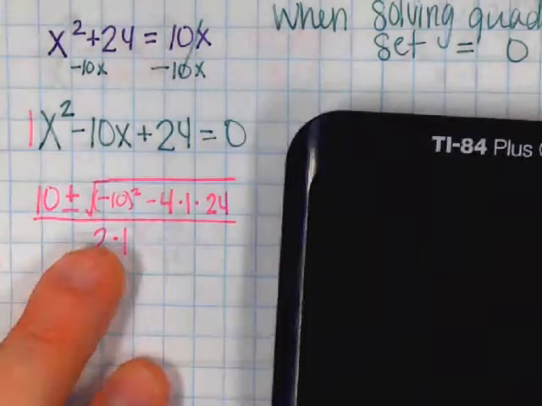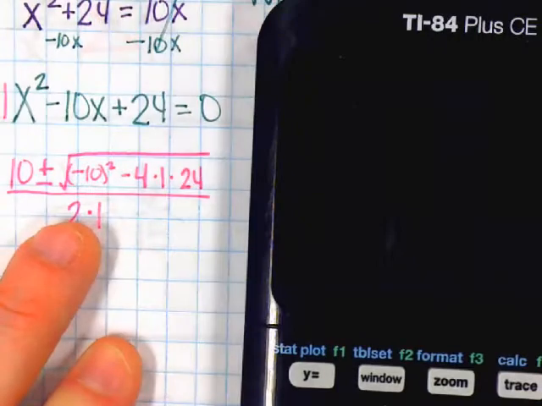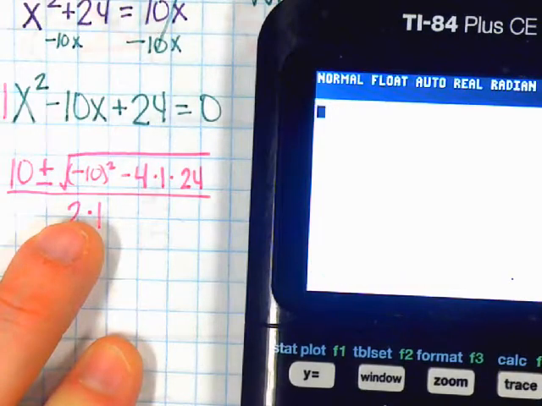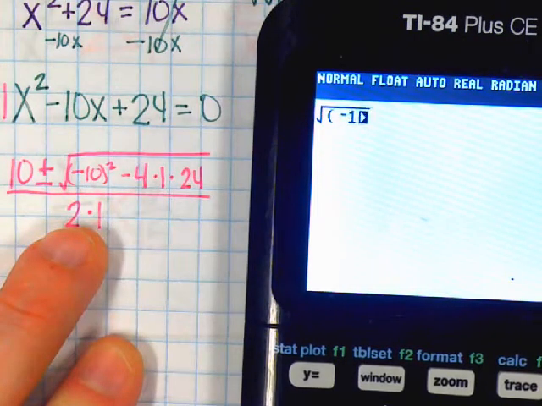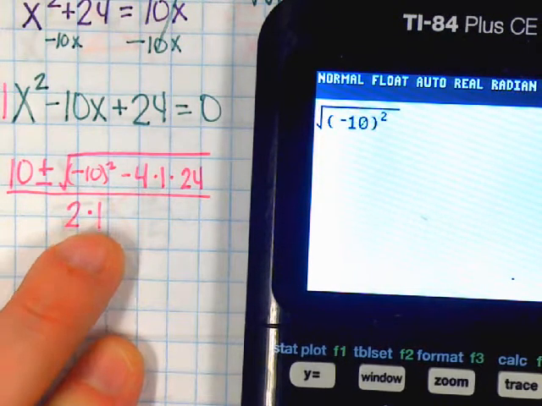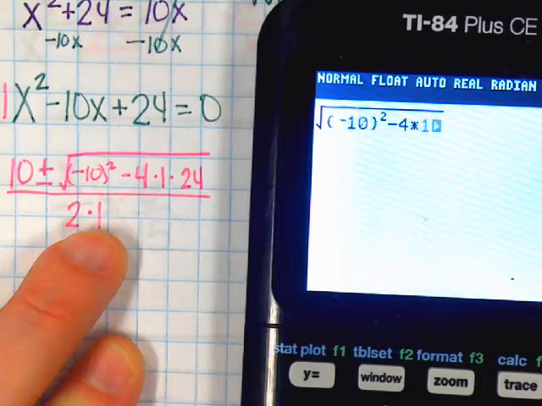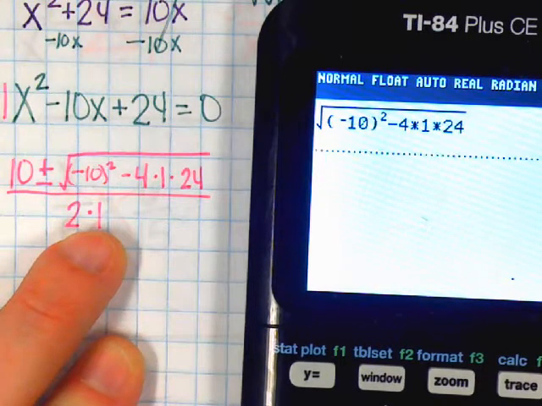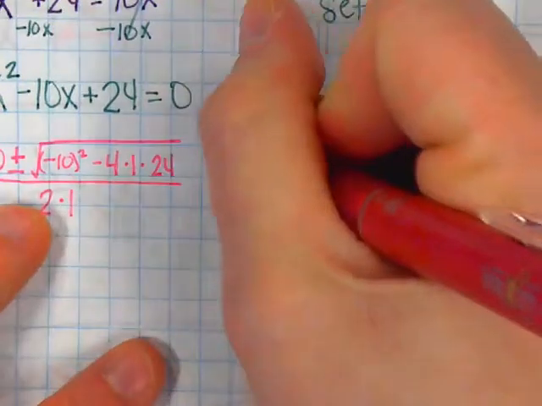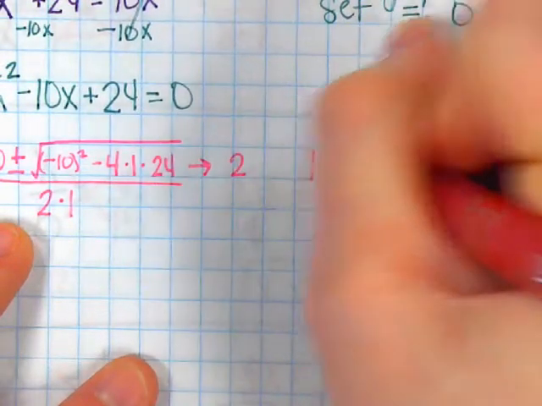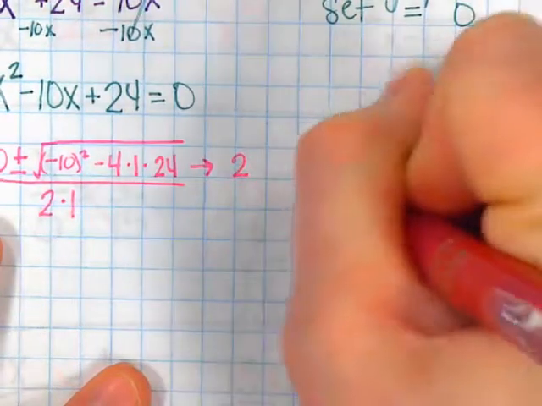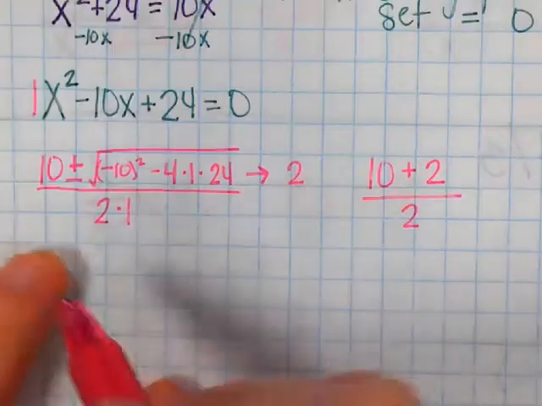Okay, again, I always type what's under the square root first. So I would do the square root, parentheses, negative 10 squared minus 4 times 1 times 24. And that is 2. So it would be 10 plus 2 divided by 2.